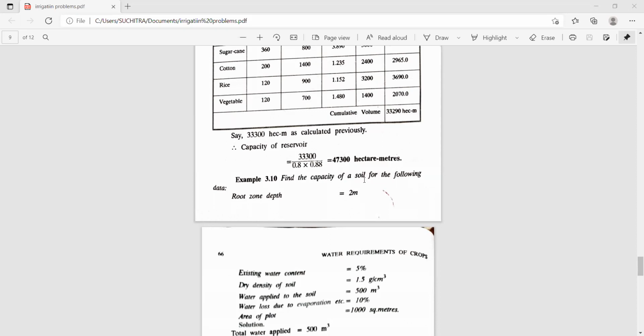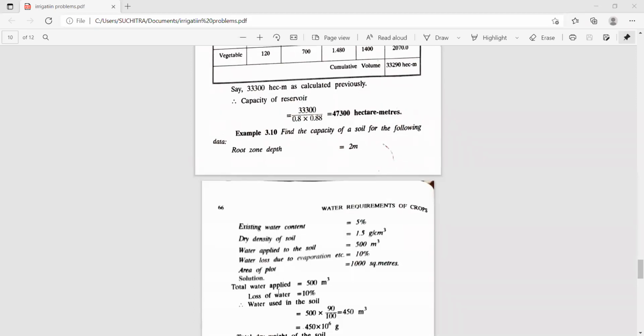Field capacity is nothing but the upper limit of the available moisture in the soil. These things we have already discussed in the earlier classes, on availability of moisture in soil. So now these are the given values.